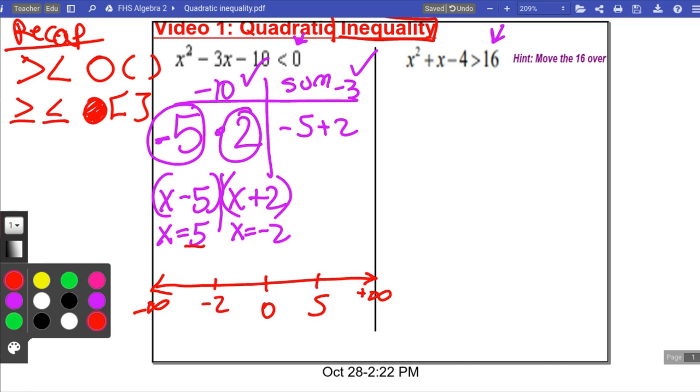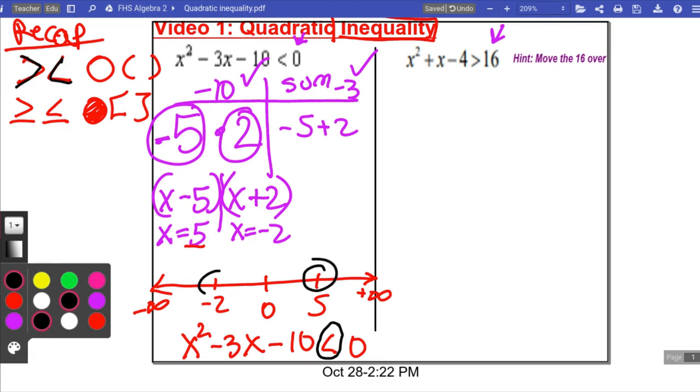Next is to rewrite the question. We have this symbol, which is for an open circle, as I mentioned in the video. So open on 5 and open on -2.